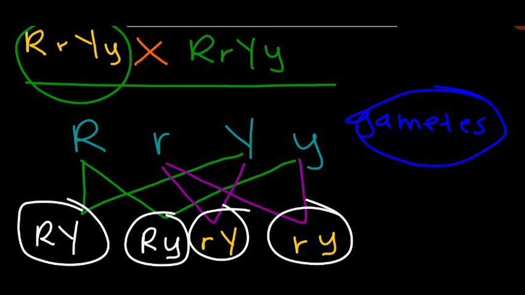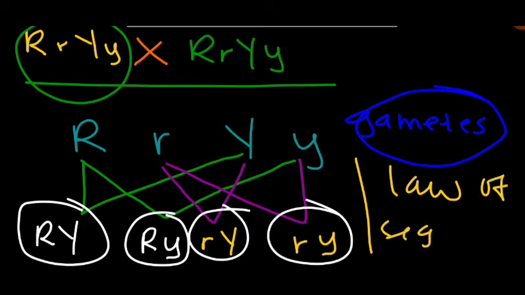The genetic material is interchanged. As you can see here, we've got separation of alleles. So alleles are separated. This is under Mendel's law of segregation. It states that alleles segregate in meiosis.